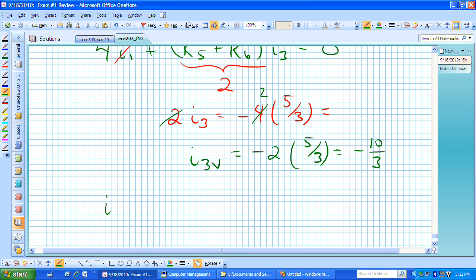And we can now say that I sub 5 due to the voltage source is I sub 2 due to the voltage source minus I sub 3 due to the voltage source. I sub 2 again was 0. We subtract a negative current, giving us then 10/3 for I sub 5V.